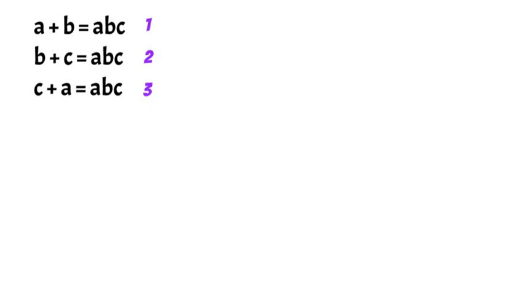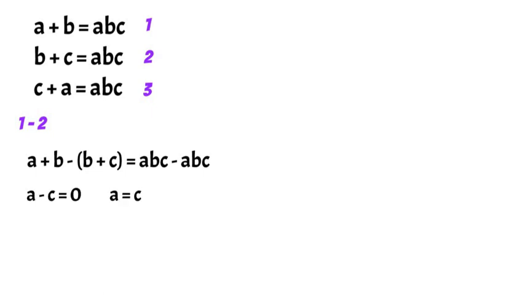Now we're going to solve for 1 minus 2. So if we did 1 minus 2, we would have a plus b minus b plus c is equal to abc minus abc. So that would leave us with a minus c is equal to 0, which means that a is equal to c.